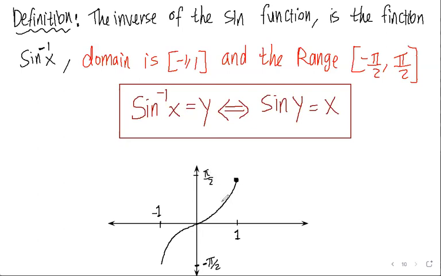So here is a point, and here is another point. So the domain for the inverse is from minus 1 to 1. The range is from minus pi over 2 to pi over 2.